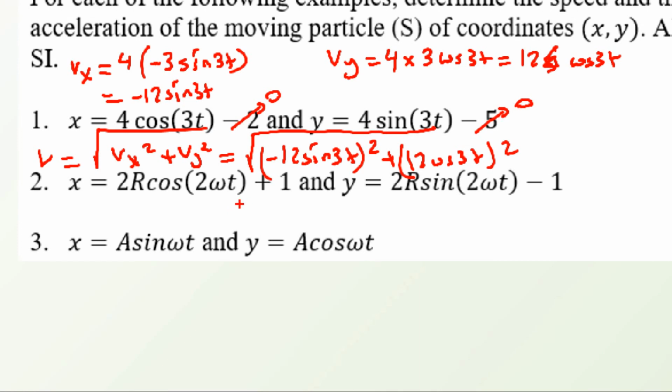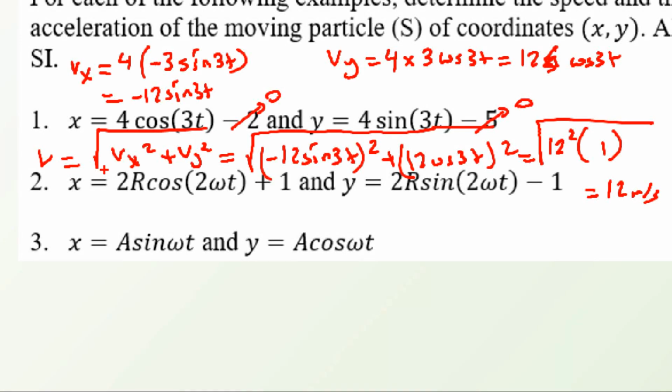And now the power of 2 is for both the 12 and the sine and the cosine function. Then we can factor out the 12 to the power of 2, and sine squared plus cosine squared would give us 1. Then the speed in this case would be constant, which is 12 meters per second.